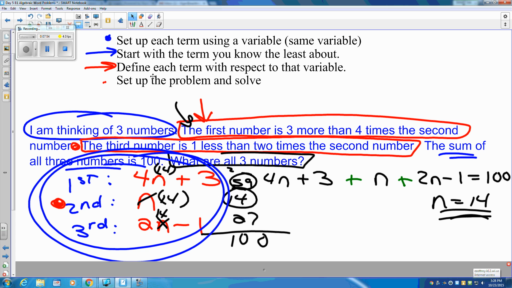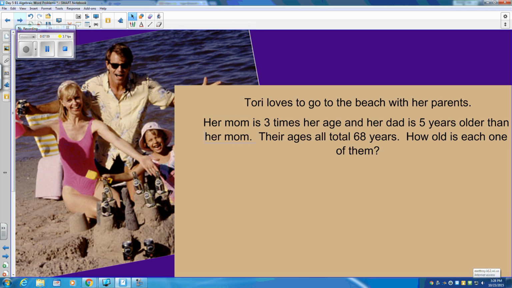So I'd like you to take out a single sheet of paper, and we're going to try one of these together, and I'll have you try a couple more. Tori loves to go to the beach with her parents. Her mom is 3 times her age. Her dad is 5 years older than her mom. Their ages all total 68. How old is each one? So first of all, how many different things do we have in this problem?